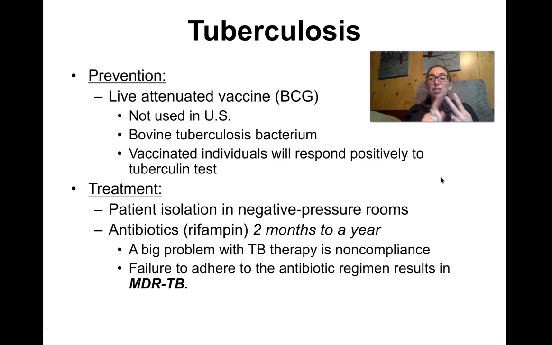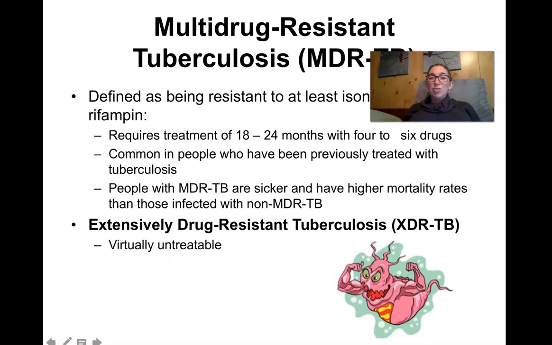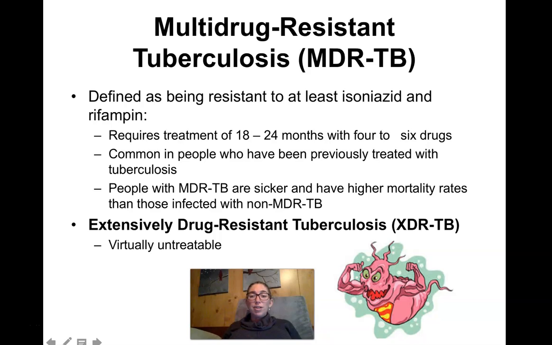MDR-TB is multi-drug resistant tuberculosis because, of course, low levels of exposure to antibiotics, not finishing your antibiotics, is a cause of antibiotic resistance. So multi-drug resistant tuberculosis is a huge threat, according to the World Health Organization, because it really prevents us from keeping TB under control.